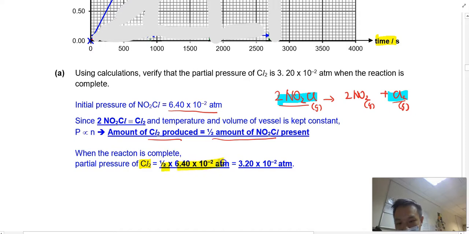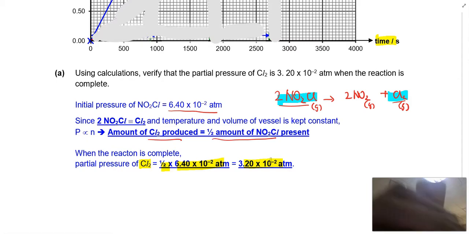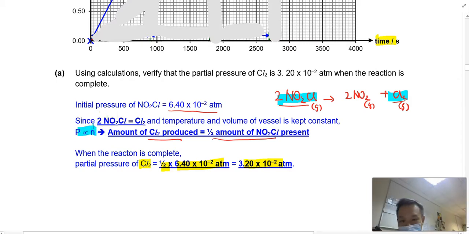So half times 6.40 times 10 to the power minus 2, and therefore you get 3.20 times 10 to the power minus 2. So again, using the mole ratio and given fixed volume, the pressure is proportional to the number of moles. Basically tapping on what you have learned from the gaseous state.